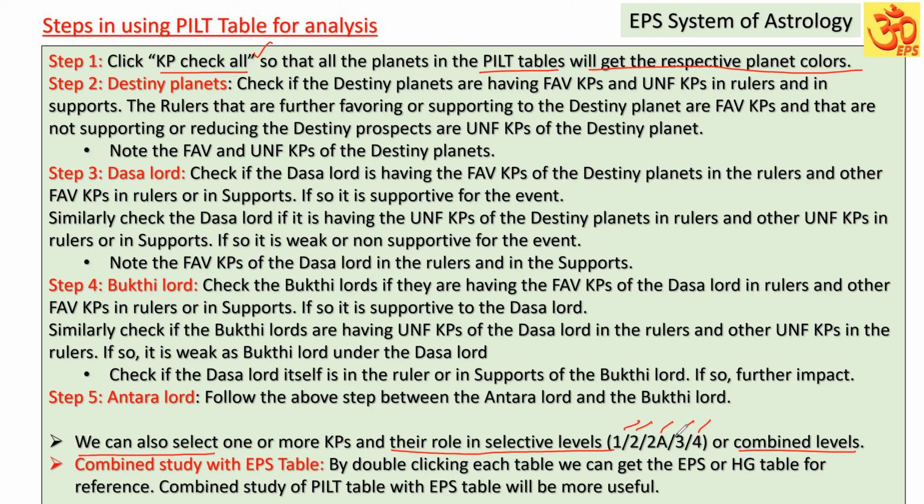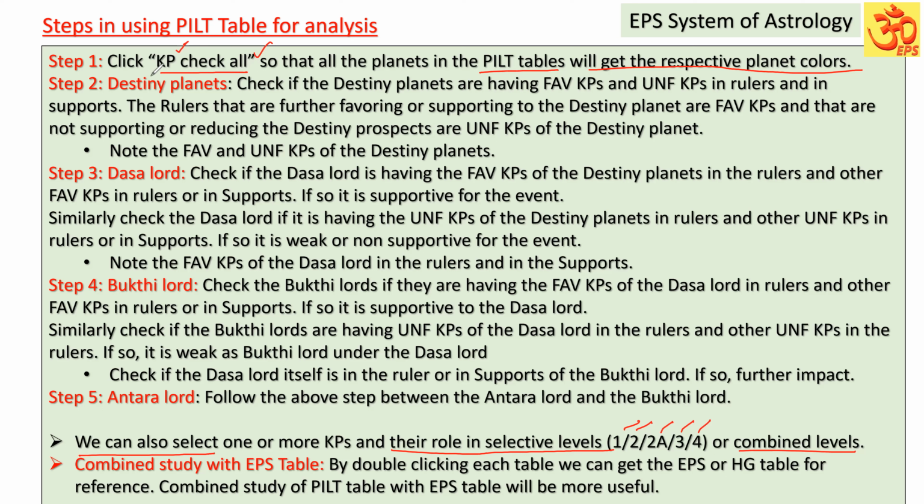I want to check the role of Jupiter and Saturn in the star level or sub level for all the planets. So that way also you can select: combined levels or individual levels, one or more planets. That is also possible. Or if you want to check all planets and their role, you can use KP check all.